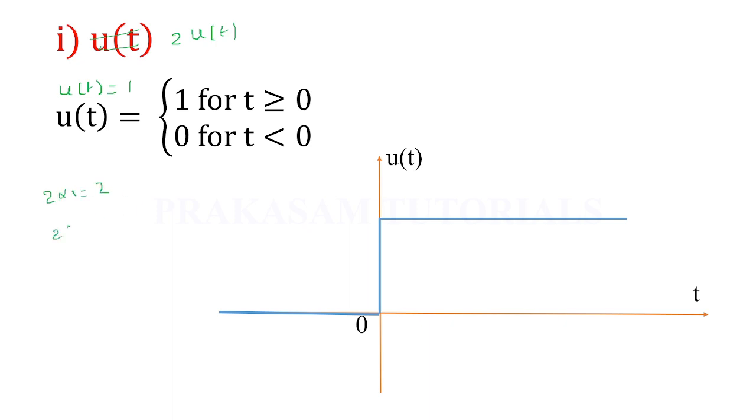So 2 into u of t is 2 for t greater than or equal to 0, that means from 0 to infinity. The strength of the signal is 2, and for t less than 0 it is 0. So this is the graphical representation of 2 into u of t.